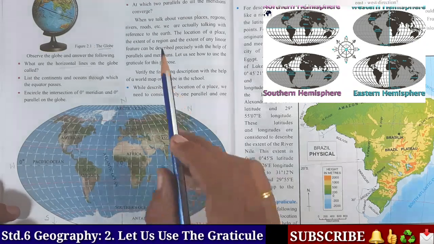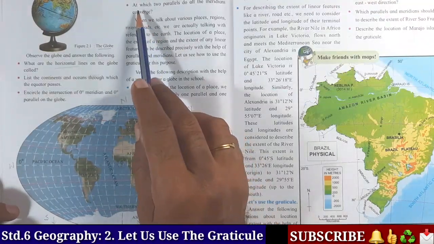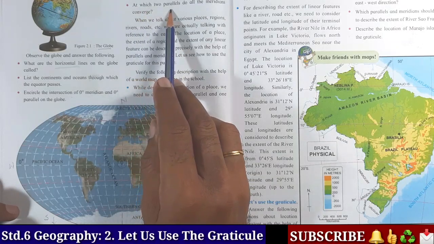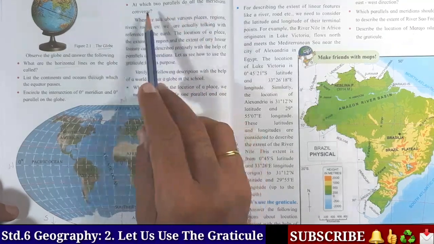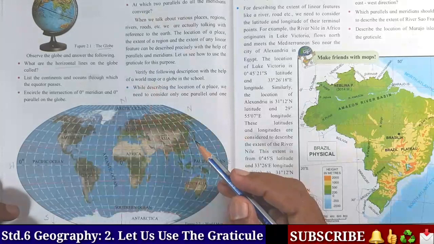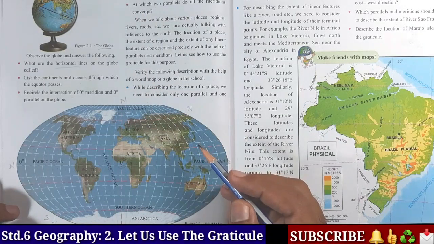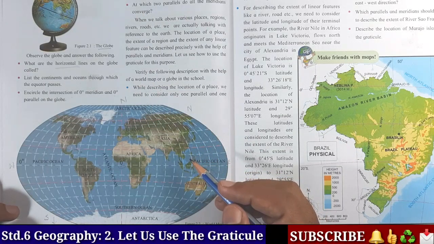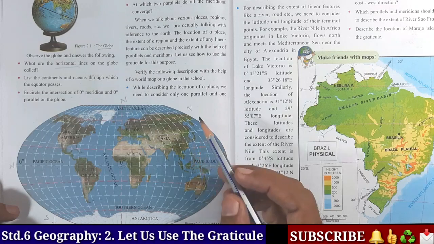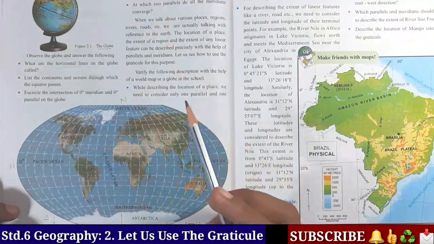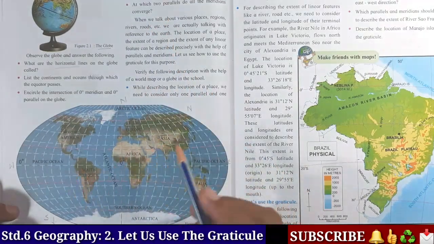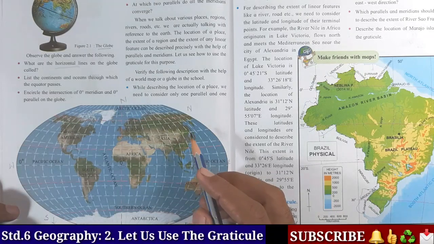Okay, students, now the next and last question: at which 2 parallels do all the meridians converge? What do you mean by converge? Converge means coming together. So here we have to find out at which 2 points or at which 2 parallels all the meridians converge.